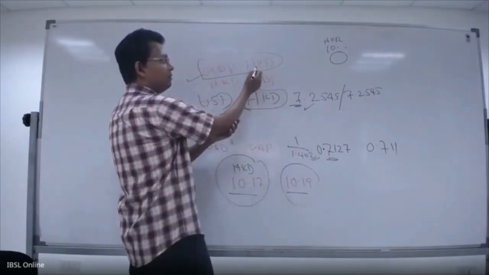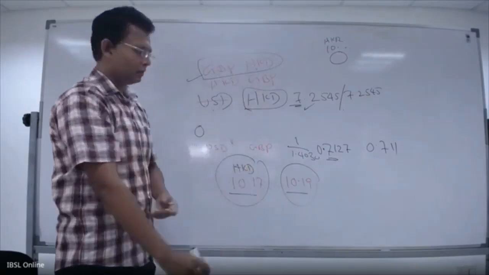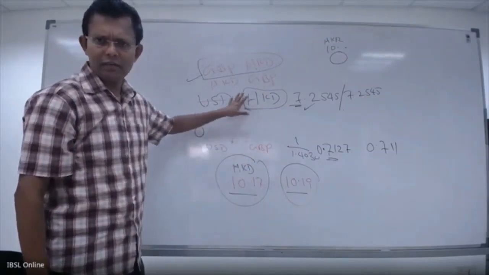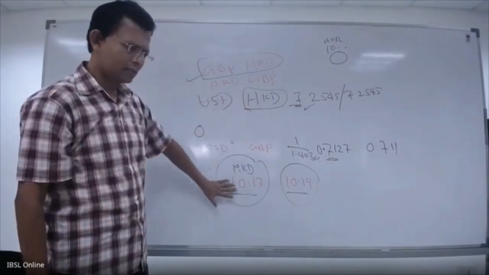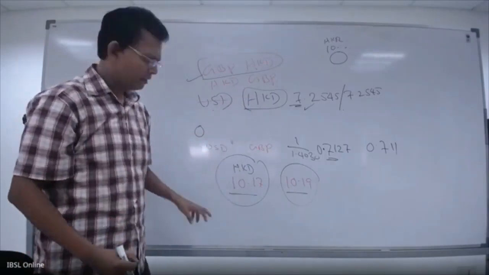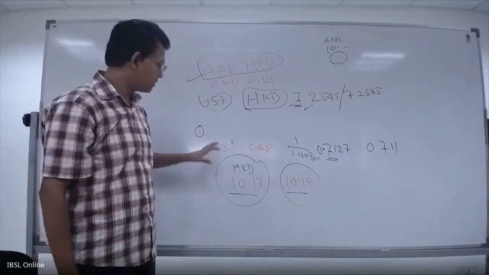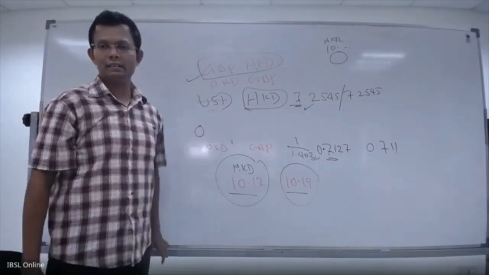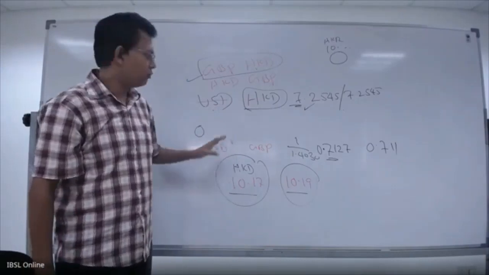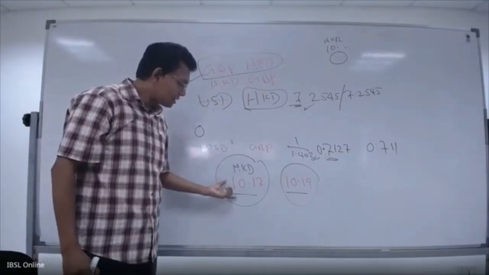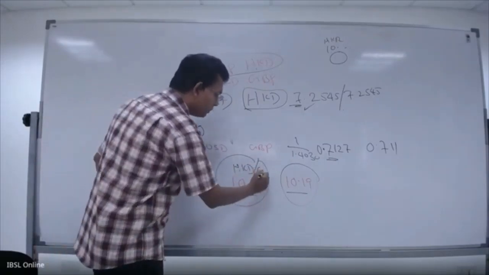This one. Anyway, you got the answer by straight and multiply. The only thing you have to decide is whether this one is GBP or HKD. That's why we have done this, to find out whether this answer is HKD or GBP.